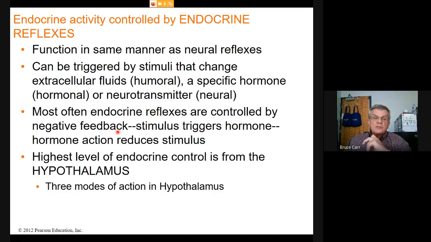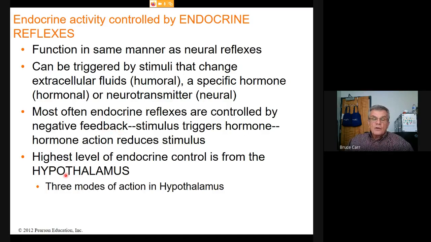The response, the release of insulin, is going to be to transport that circulating glucose into cells that will break it down to ATP. And that's all over the body, but insulin's effect is also to encourage and catalyze the polymerization of glucose to glycogen in the liver. So this high level is brought down.